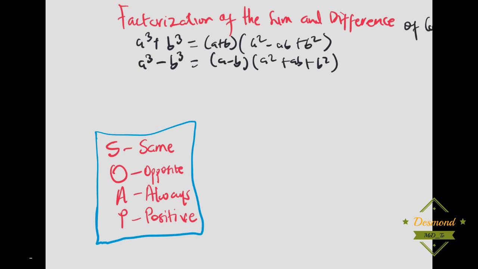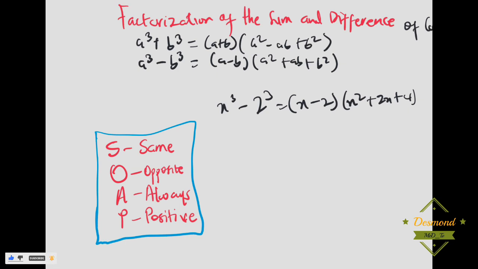If you have x cubed minus 2 cubed, when we factor that, we should get x minus 2 multiplying x squared plus 2x plus 4, right? The sign of the first two is the same as the sign between x cubed minus 2 cubed.